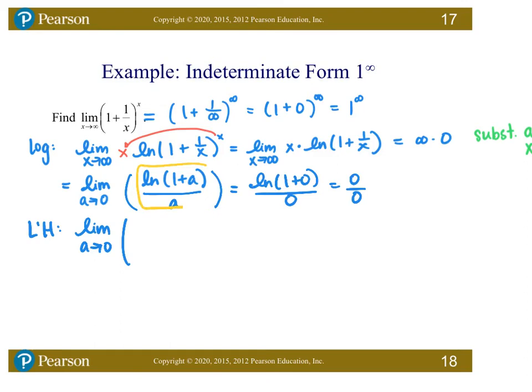The derivative of the natural log of 1 plus a is 1 over 1 plus a times the natural log of e times the chain rule. And then the derivative of the denominator is 1. So I can plug 0 into that, and when I plug 0 into that, I get 1.